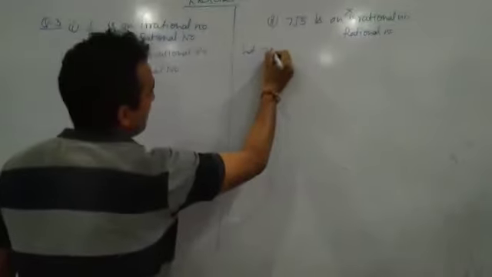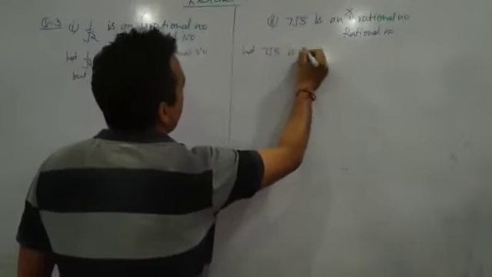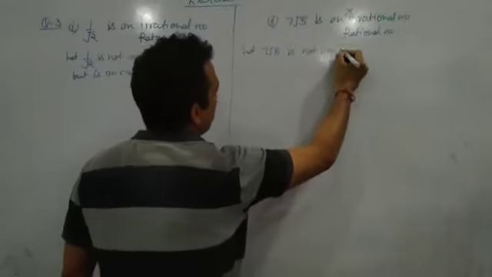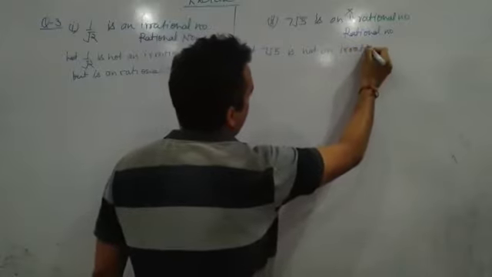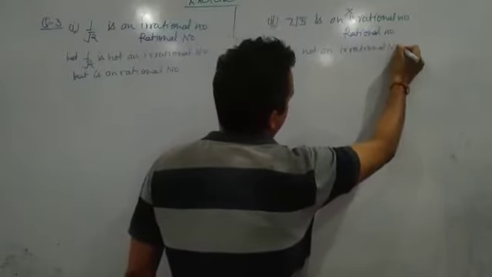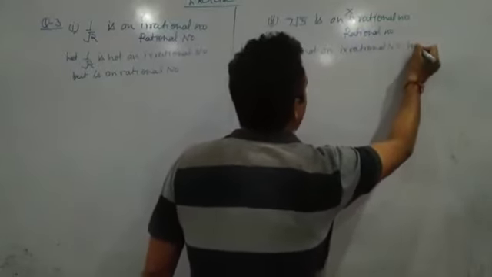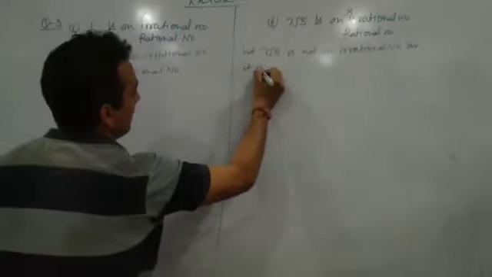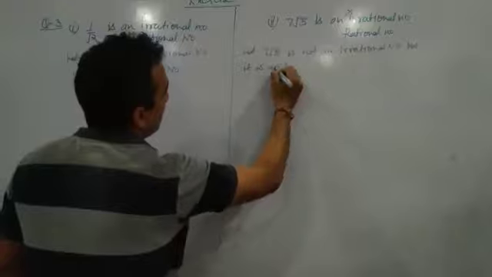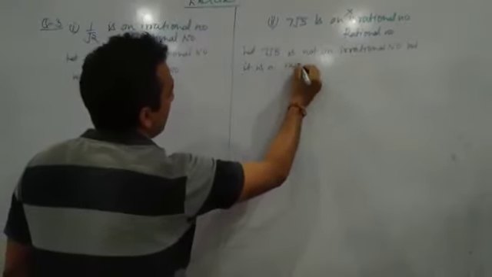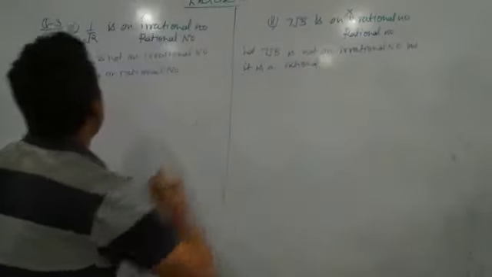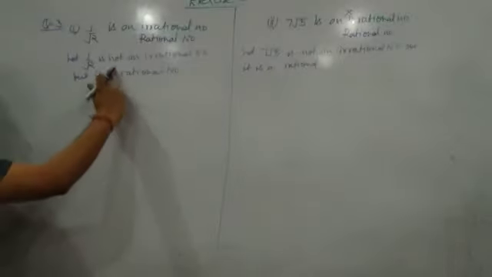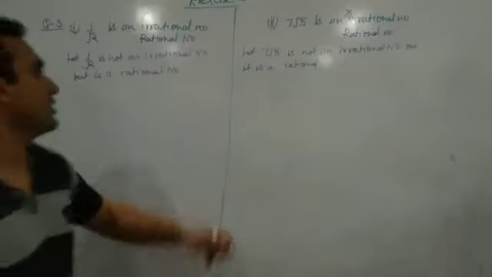Let 7 upon under root 5 is not an irrational number, but it is a rational number. Sorry, we will not use N for R.